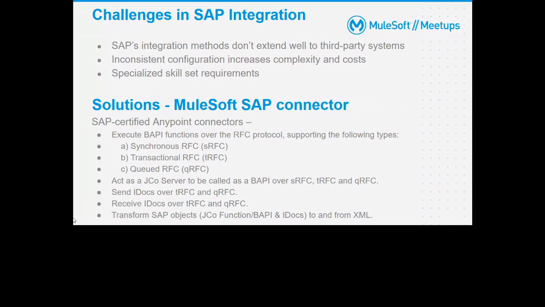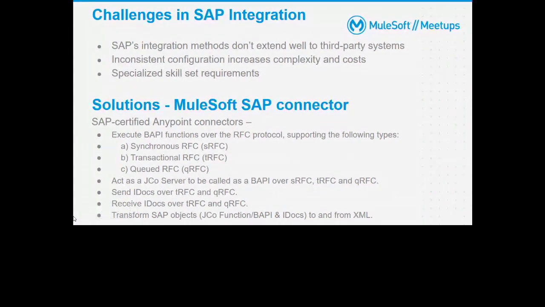So coming to the challenges we see in SAP integration. We will not go much in depth, but from an audience perspective, I'll just tap on these 3 points. SAP integration methods don't extend well to most third-party systems, mainly because SAP has developed its own capabilities, as I explained in the last slide.